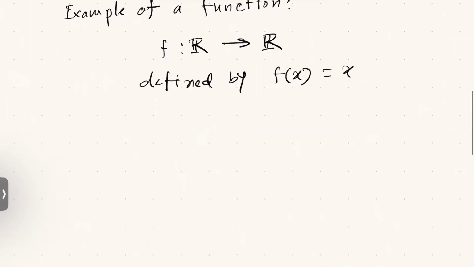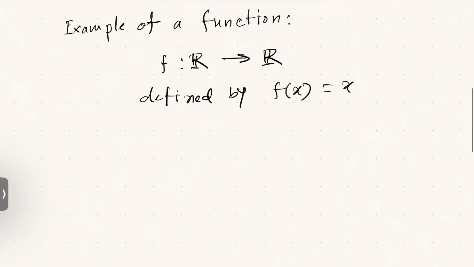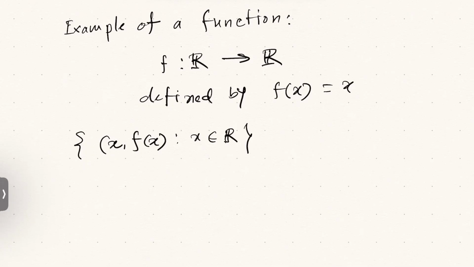And now if I take the pairs of numbers, for every x the corresponding function value f of x, and if we collect all these pairs such that x belongs to R, then this is going to give us the graph of the function, right?